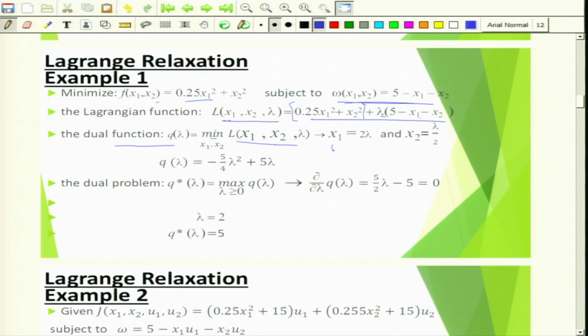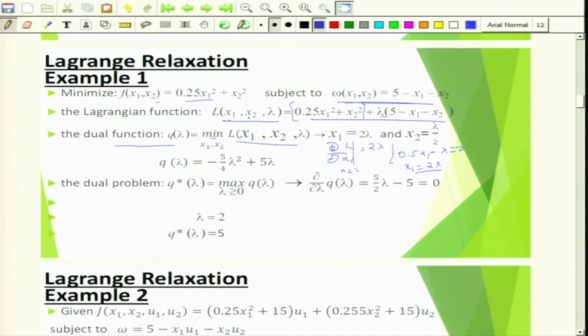That means dou L by dou x1, where x2 is kept constant, you get 0.5x1 minus lambda is equal to 0, or x1 is equal to 2 lambda.